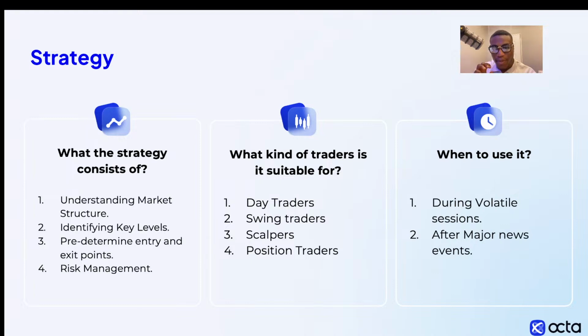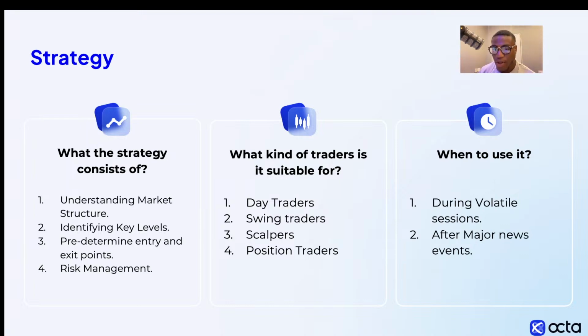Okay. When you're able to do that, then you want to identify the key levels, right? The key levels are the levels where the market tends to react more than once. Okay, this could be a low, this could be a high, this could be a level of supply and demand or an area of liquidity in between the highs and the lows of the market. The key levels can be at those points.